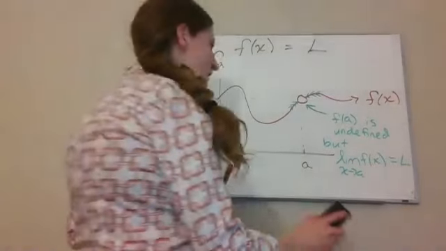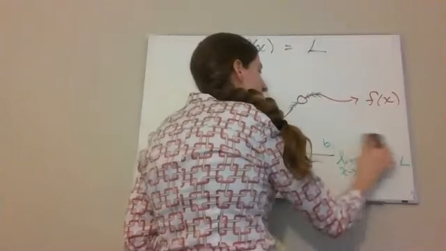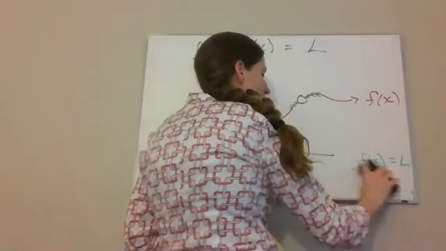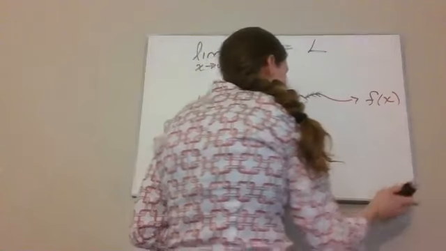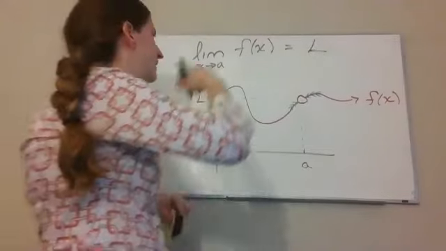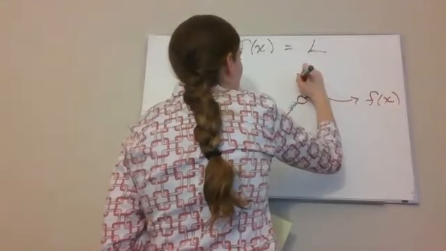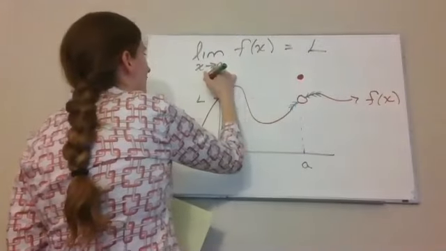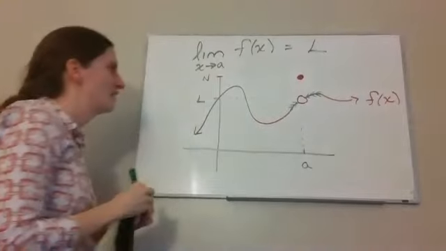Now let me change this up a little bit more. So we showed how even if f of A is undefined, you can still have a limit as you approach A. And here's another interesting case. Let's just say this value up here is some number n.